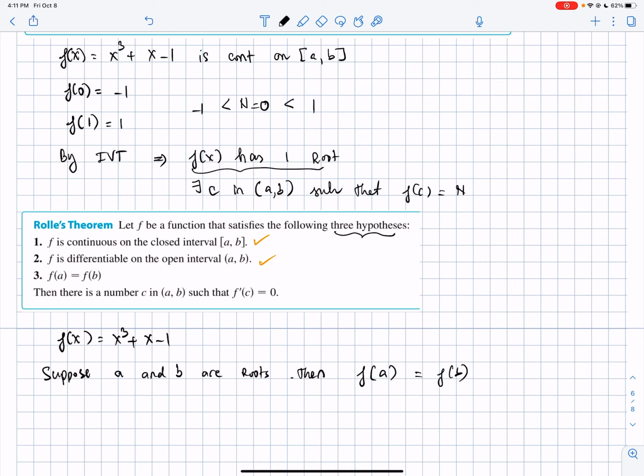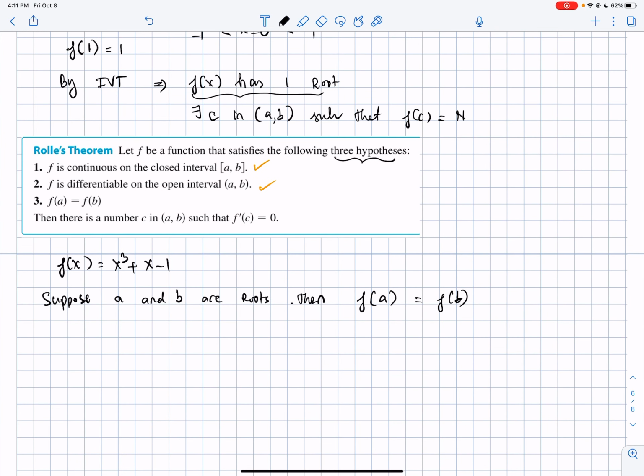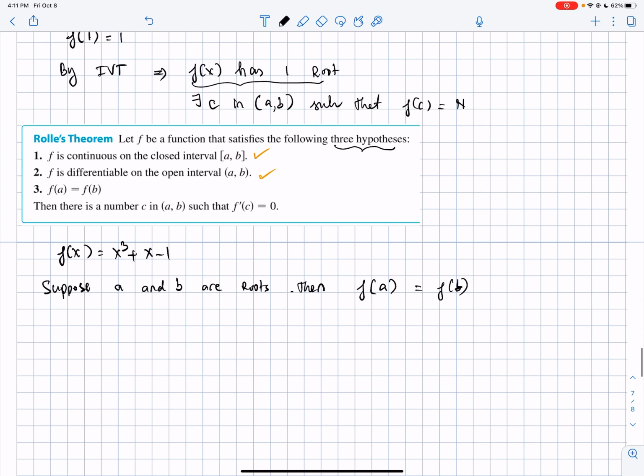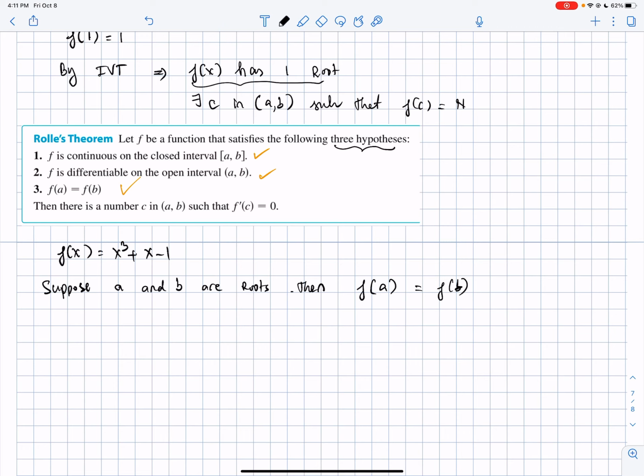So we are assuming 3 is true. So we assume that we have two roots and it satisfies number 3. Then by Euler's theorem, we have the conclusion here.